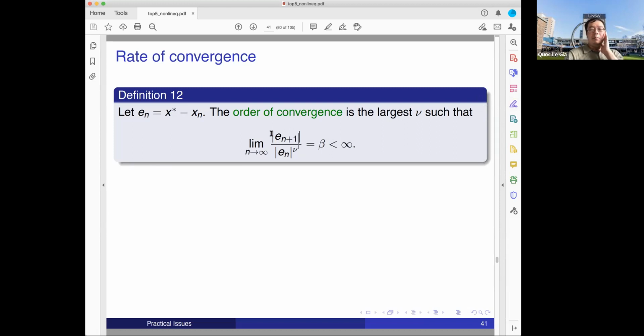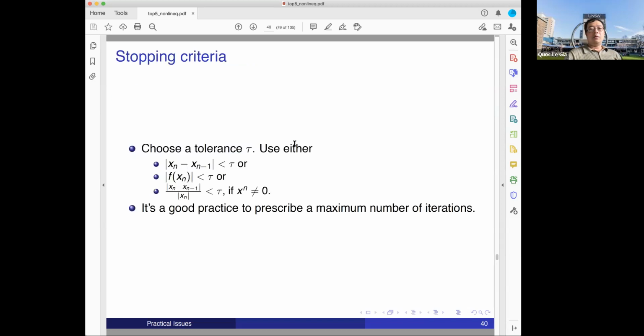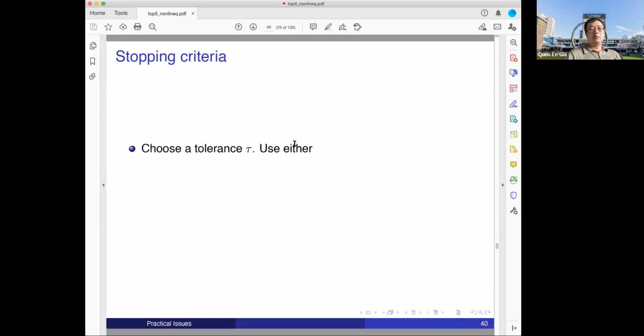In the fixed point iteration, you have e_{n+1} equal to g prime of x star times e_n. Then what is the order of convergence? Well, we can go back.